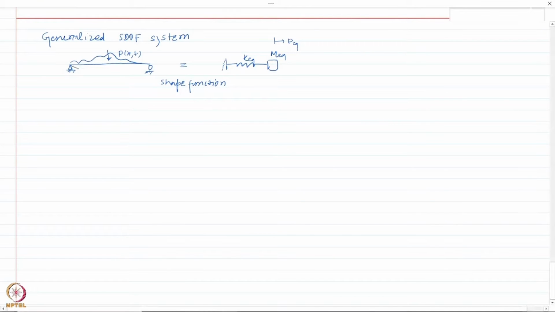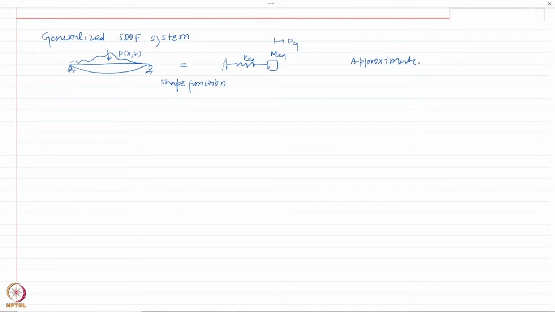When I say deflected shape, it can be any shape that represents the deflection under the applied load. Then we derived the equation of motion and also the expressions for K equivalent, M equivalent, and P equivalent, utilizing the mass and the stiffness distribution as well as the assumed shape function. We said that this method is approximate, and the accuracy of this method depends on the accuracy of the shape function that we are considering.